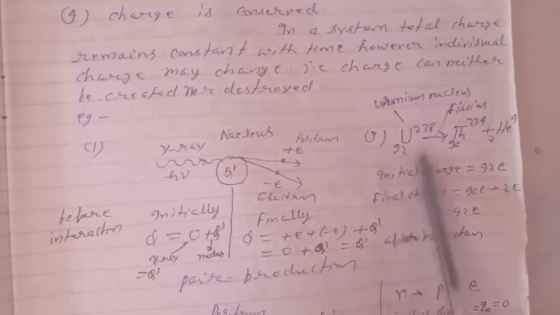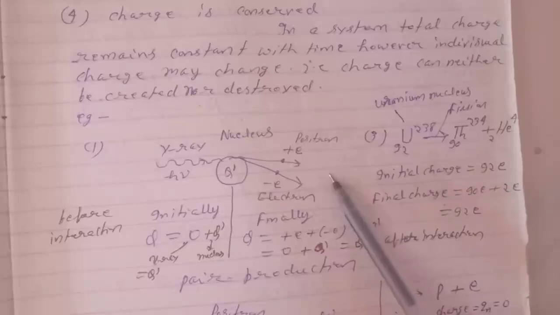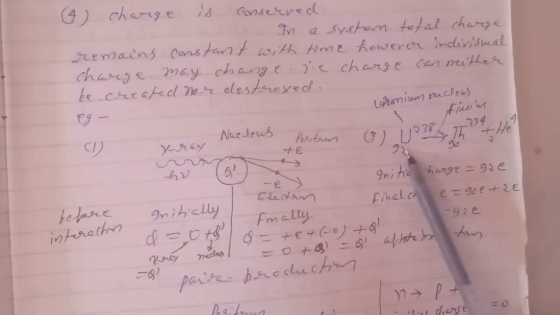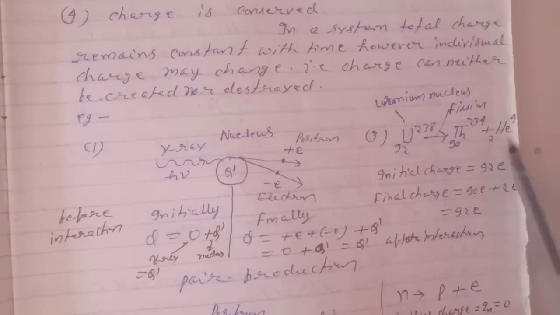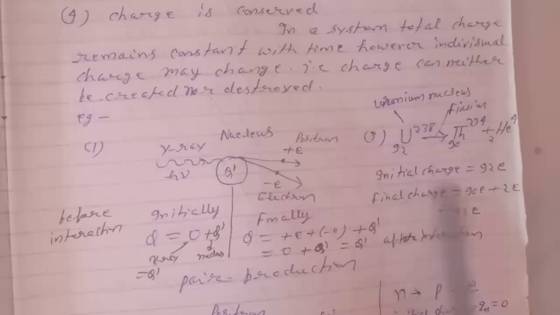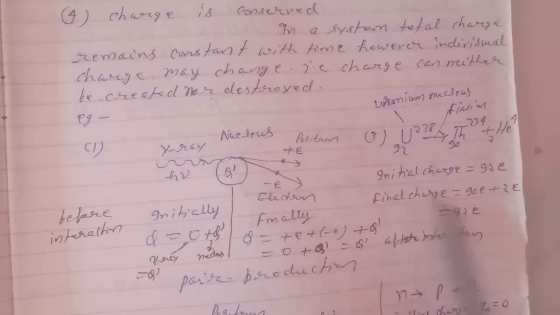So the nucleus is positively charged, and it transformed into thorium and an alpha particle. Initial charge 92e and final charge 90e plus 2e. Again, charge is conserved.